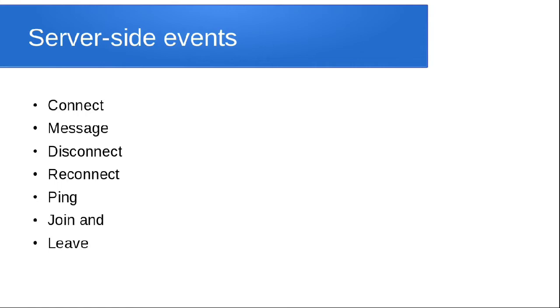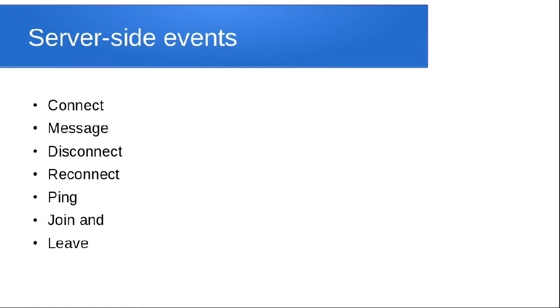I'll not discuss everything here. At first you can see the connect event. Connect is fired upon a successful connection. You can see reconnect, and it is fired upon a successful reconnection. Reconnection also takes a number of parameters.